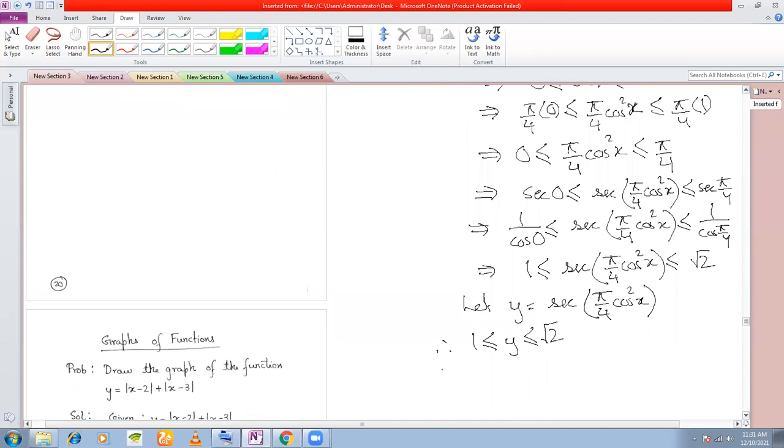To what interval does this y belong? This closed interval. Root 2 is greater than 1, so 1 comma root 2. We write the lower value first, right? So 1, and root 2 is 1.414, it is the higher value. So hence, what is the range of f? 1 comma root 2. And that should be your answer. Okay. I'll stop here.